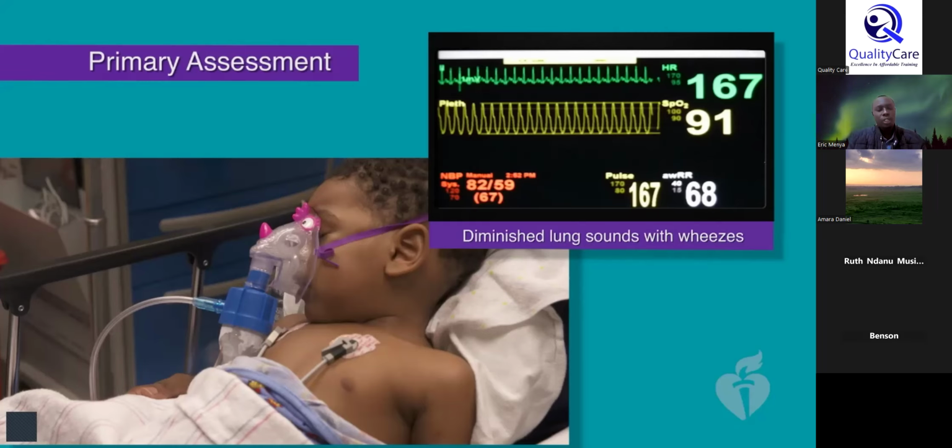Move to circulation. At circulation, what are we checking for? You start with the peripheries, after confirming they have a pulse. Pulse is present at a rate of 167. Is that normal for a preschooler?